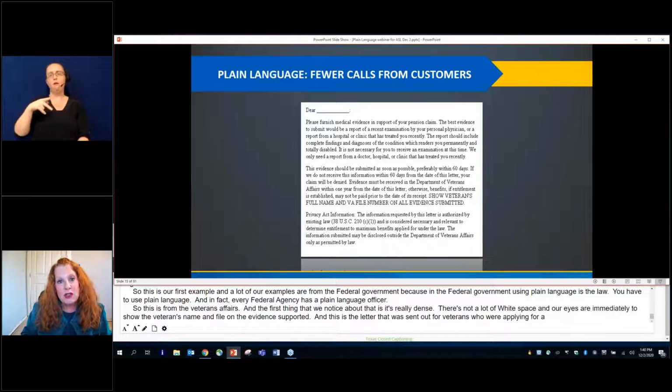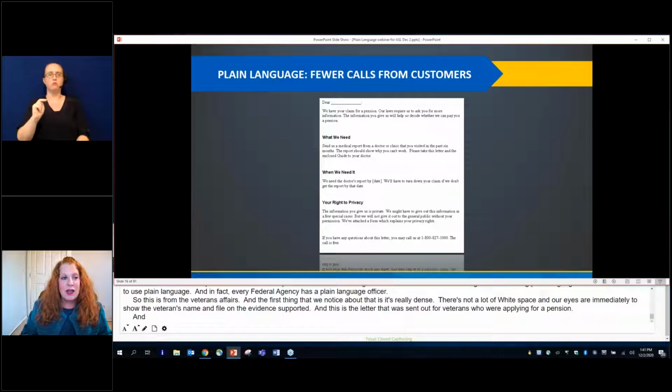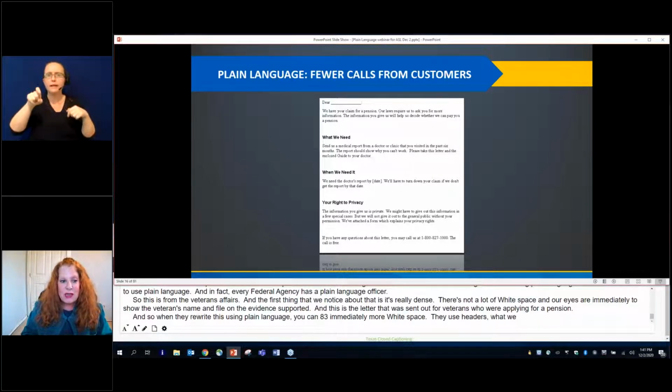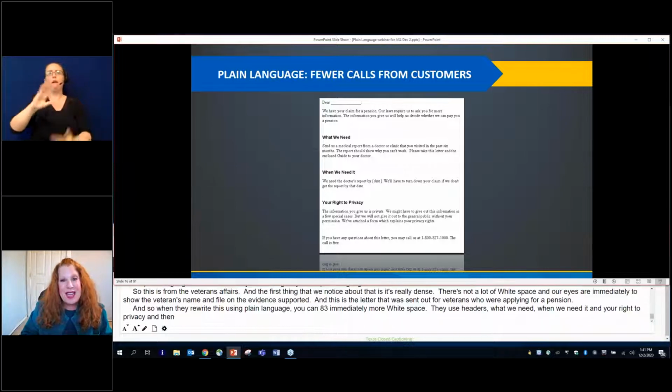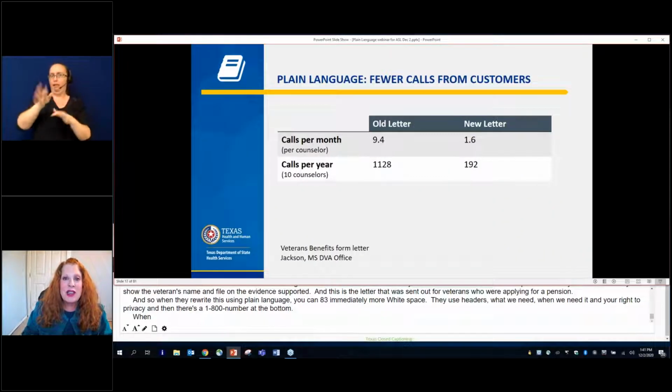So when they rewrote this using plain language, you can see immediately more white space. They use headers, what we need, when we need it, and your right to privacy, and then there's a 1-800 number in the bottom. When they sent out the plain language letter, it decreased their call volume in their contact center significantly.